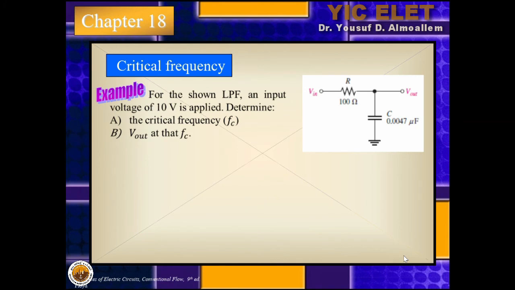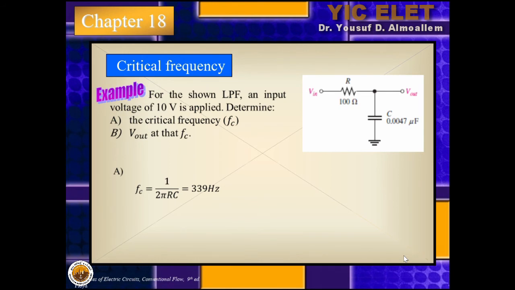Now let's take an example. For the shown low pass filter, an input voltage of 10 volts is applied. Determine the critical frequency. Using the previous formula, f_c is equal to 1 over 2 pi RC. You just plug in these numbers and you will get a critical frequency of 339 Hertz. And this is similar to the previous sections. Now, if you want to calculate the output voltage at that frequency, there are two alternatives.